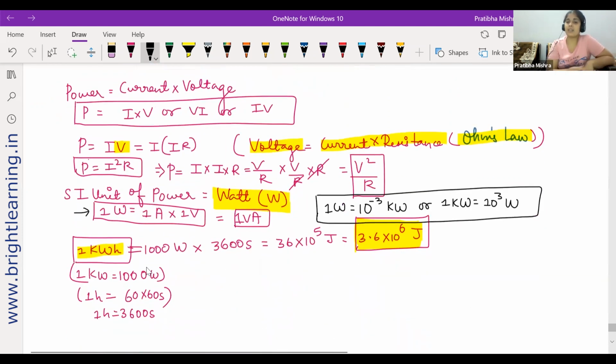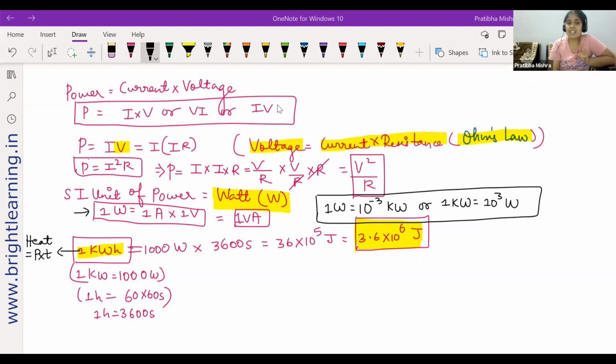And then we see 1 kilowatt hour. Why do we use hour? Because heat or energy, this is the idea behind understanding, can be denoted in terms of power into time. The total amount of work done to dissipate some amount of energy in a certain period of time.